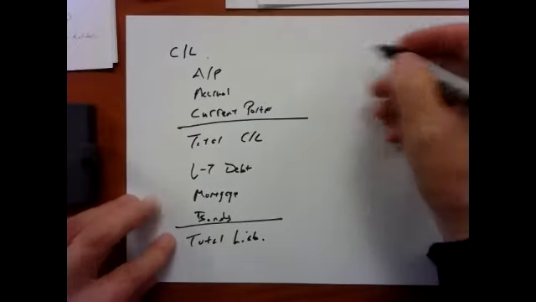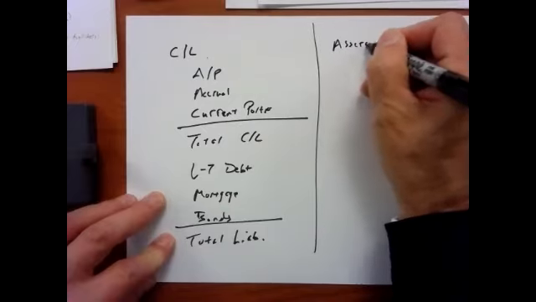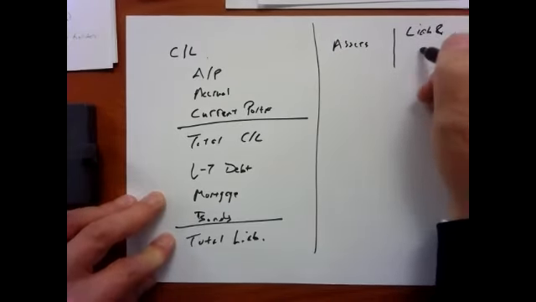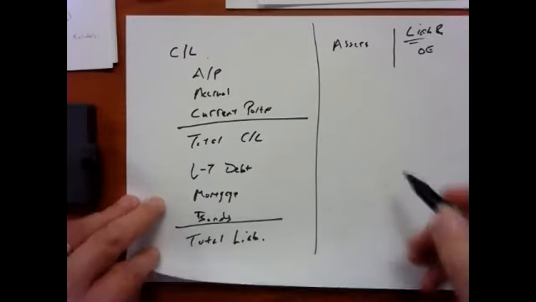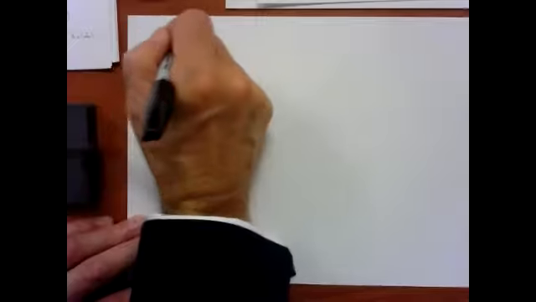So remember, the balance sheet is assets, and then liabilities and owner's equity, right? So we've now done the liabilities portion, we're now going to do owner's equity. For a for-profit entity, this gets different.